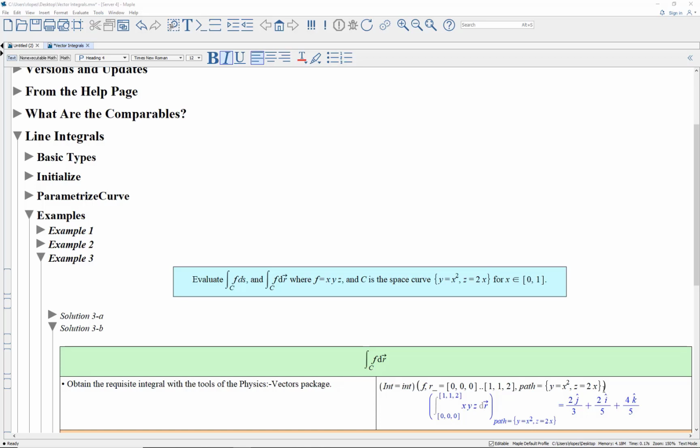Without any other options, you get the value of that integral, and it is a vector as a result.